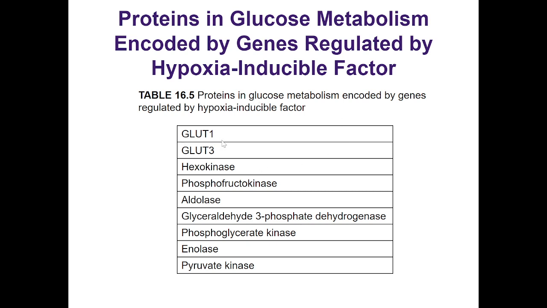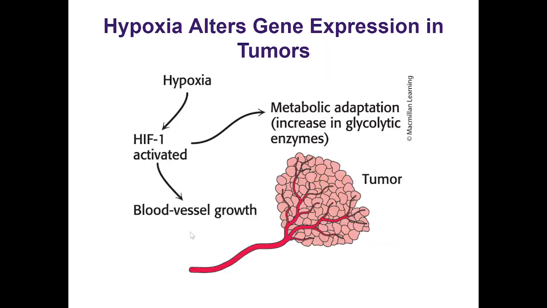And here we have GLUT1, GLUT3, which you may remember from before, the hexokinase, the phosphofructokinase, that one we just did in the previous section, the aldolase, glyceraldehyde 3-phosphate dehydrogenase, the phosphoglycerate kinase, enolase, and pyruvate kinase. This right here is again that overall pathway, denoted graphically to make it easier to understand.